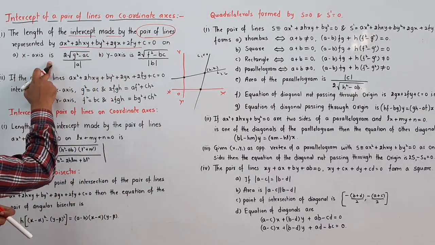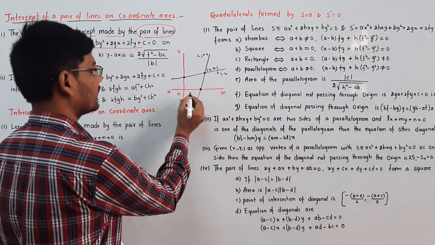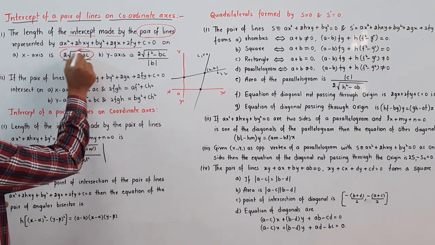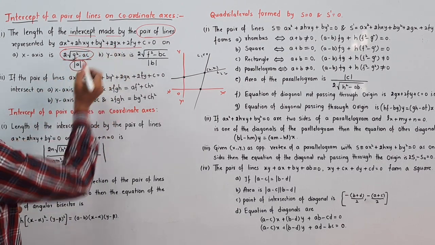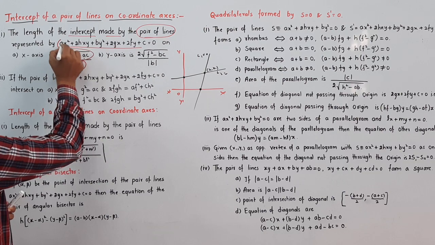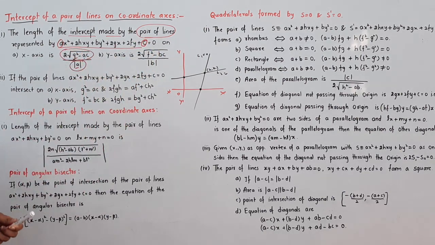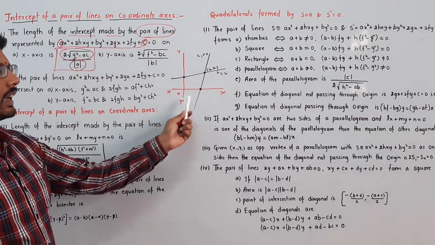The line intersecting on the x axis gives an intercept of 2 into square root of g square minus ac by mod of a, where g is the coefficient of x, a is the coefficient of x square, and c is the constant. This is the formula to remember to find the x intercept.